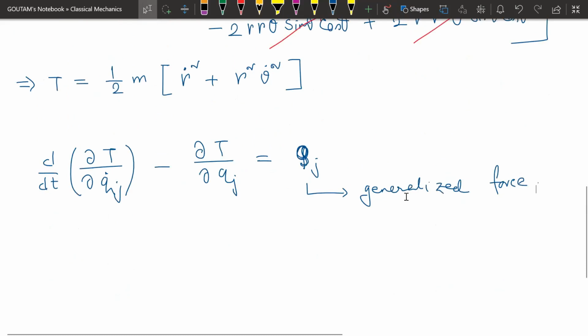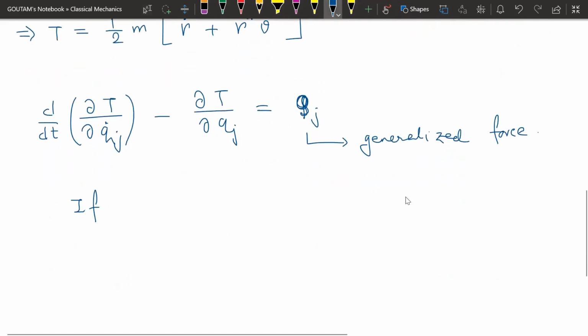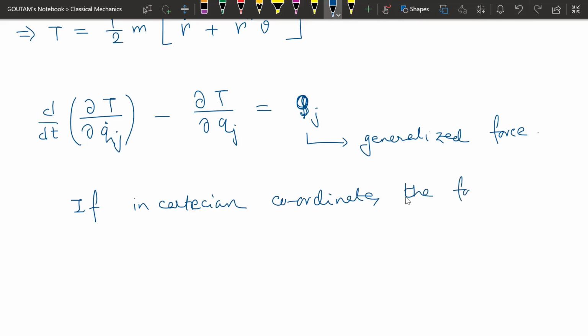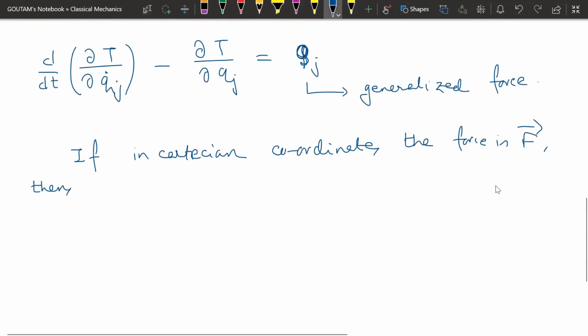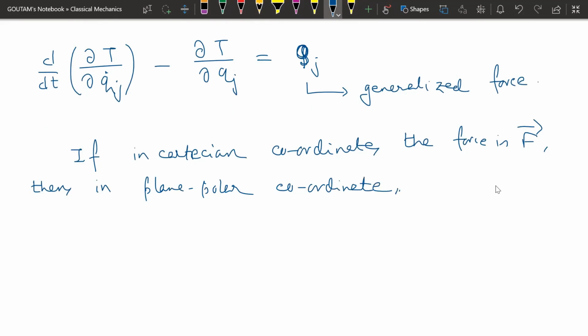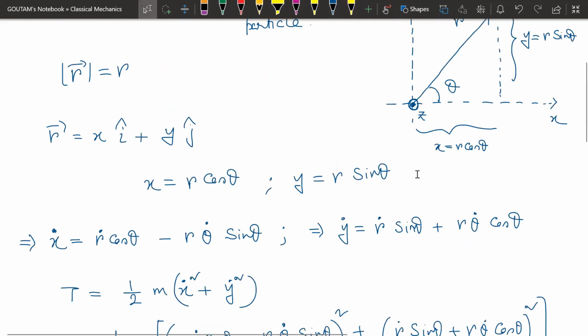So if in Cartesian coordinates the force is F, then in plane polar coordinates we have two kinds of variables.